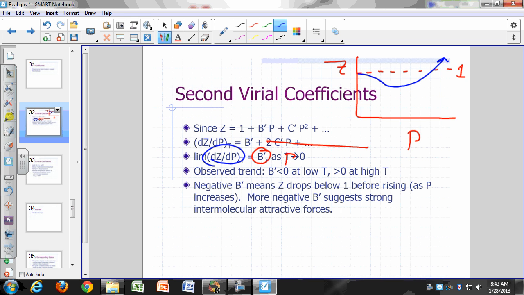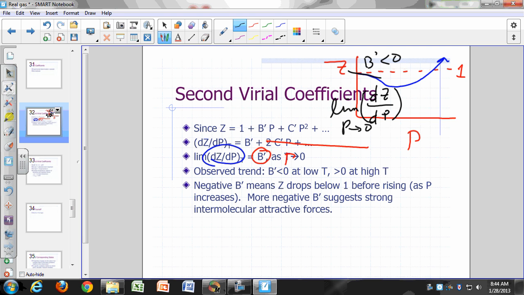What's the geometric interpretation of that? The slope of the tangent line to your curve. So the tangent line as you're approaching 0 would be that, right? So that slope. So in this particular case, what do you expect B prime to be, positive or negative? Here B prime is going to be less than 0, right? That's the limit of the derivative of Z with respect to pressure as pressure approaches 0.